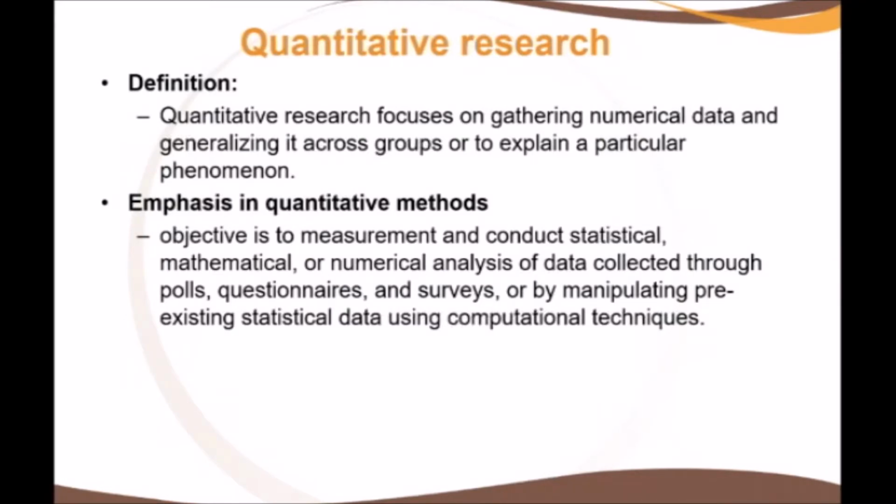I'll begin by defining quantitative research methods. So unlike our counterparts in qualitative research, we in quantitative research focus on gathering numerical data and generalizing it across groups or to explain a particular phenomenon.